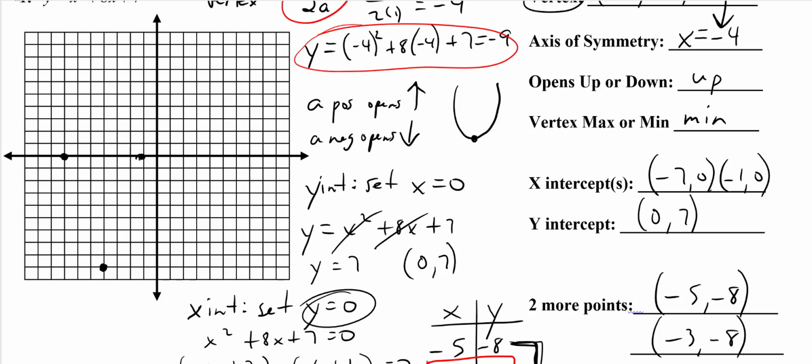The y-intercept is 0, 7. So here. And then we plotted 2 additional points, -5, -8. So -1, 2, 3, 4, 5, -5, -8, and -3, -8. It's right here. So guys, that's a ton of points now.